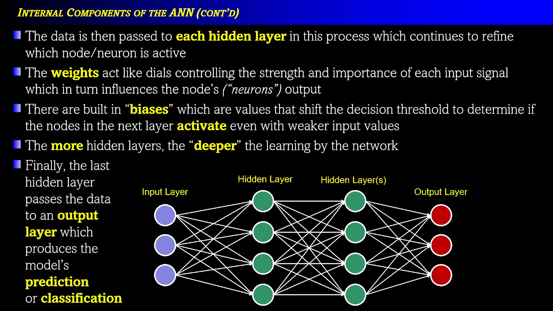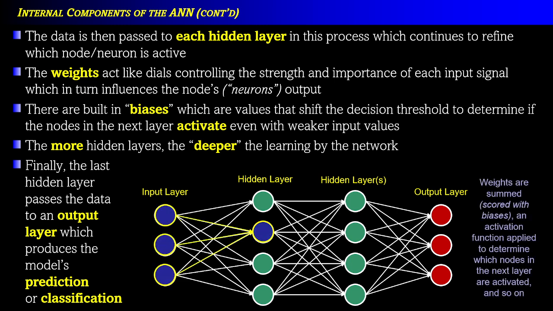Finally, as it goes through hidden layer after hidden layer, the more hidden layers, the deeper the network. It'll eventually reach an output layer. The output layer is the final refinement of all those hidden layers, and that will produce the model's prediction or classification. So in a simple example, if the input layer is the prompt you type into ChatGPT, the output layer is what ChatGPT shows you on the screen after you've typed your prompt, by going through all those hidden layers.